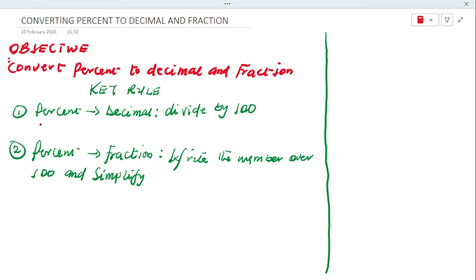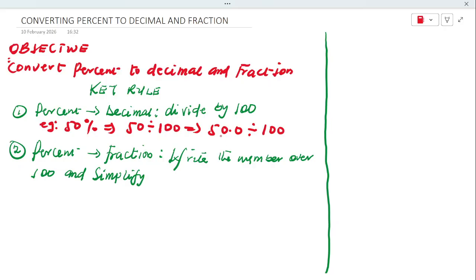What it means is that we have, for example, 50%, and you have to convert 50% to decimal. You write the 50, then you divide by what? 100. So this is also written as 50.0 divided by what? 100.